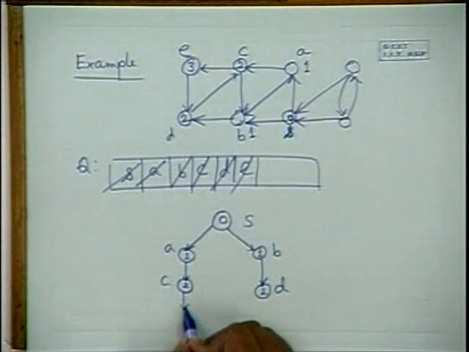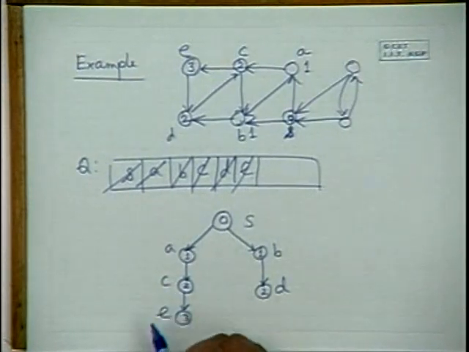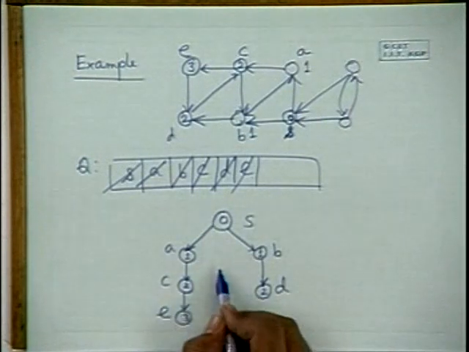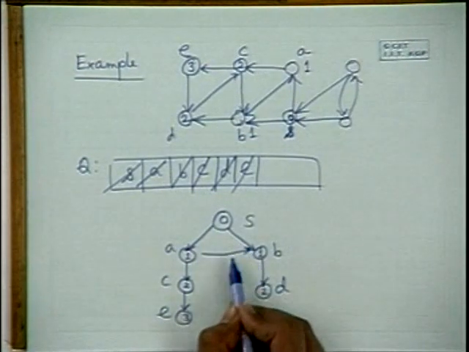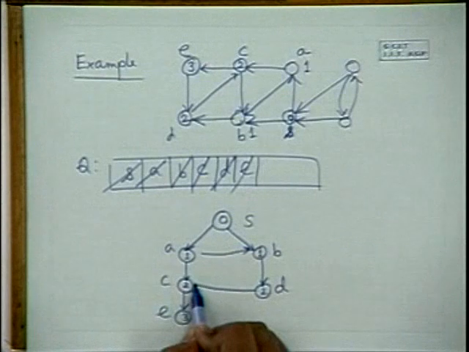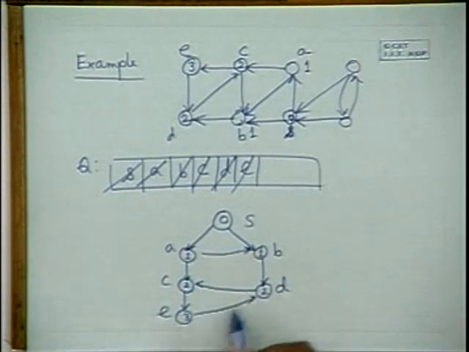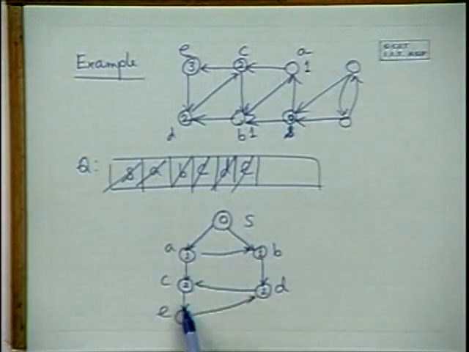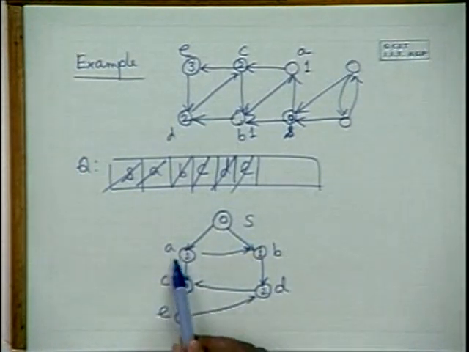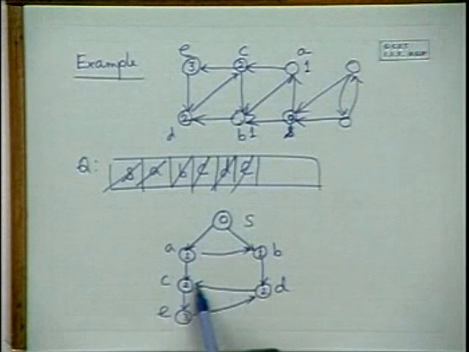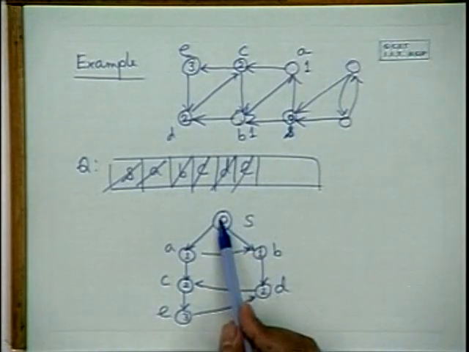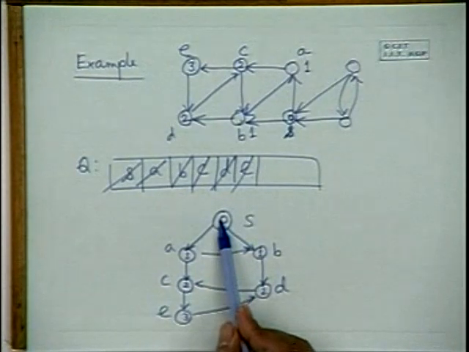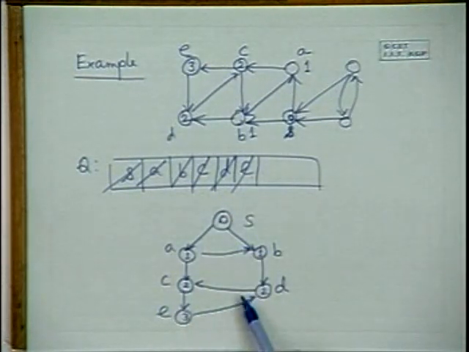From C we visited E, which is 3. And all the other edges are among these. In this case you can verify these are the other edges. So this time the BFS also makes a tree, and these timestamps are basically saying what its level is in the tree starting from the starting node S. Taking that one as 0, these are the levels.